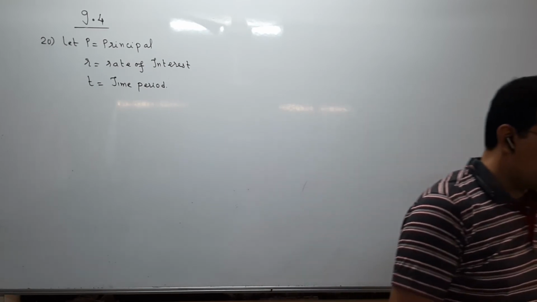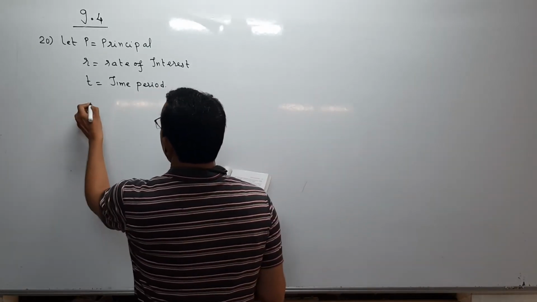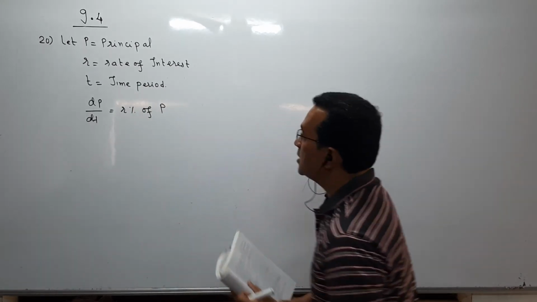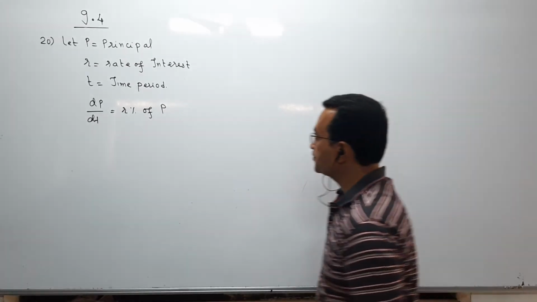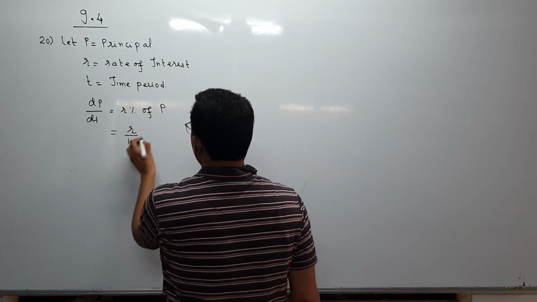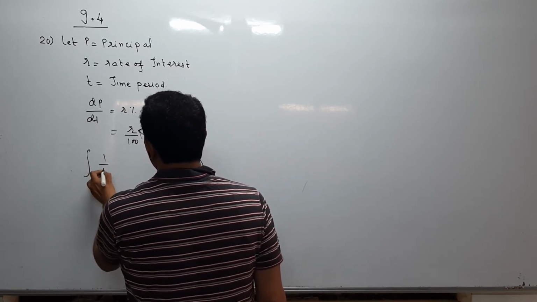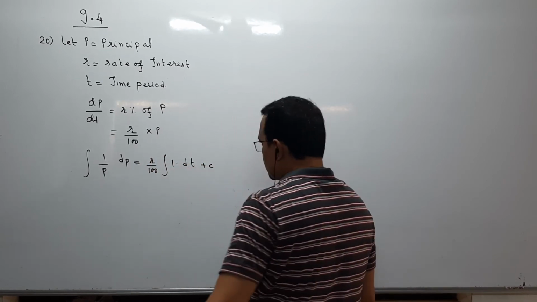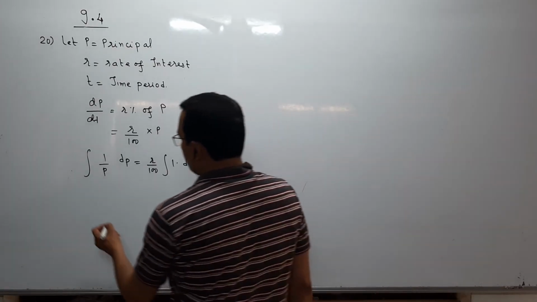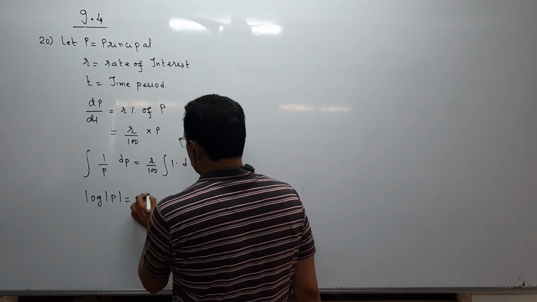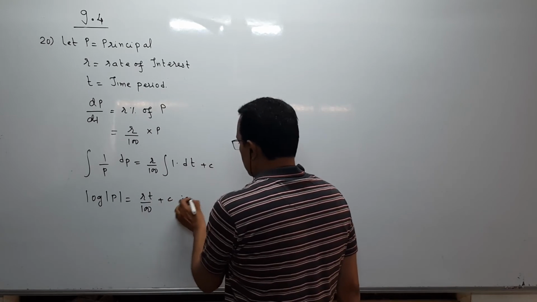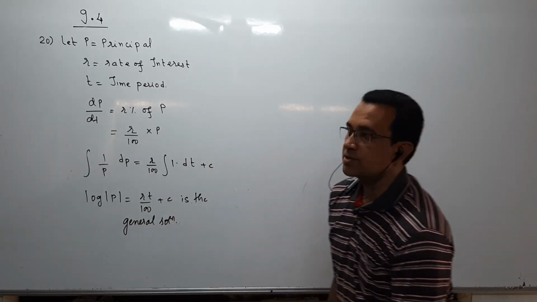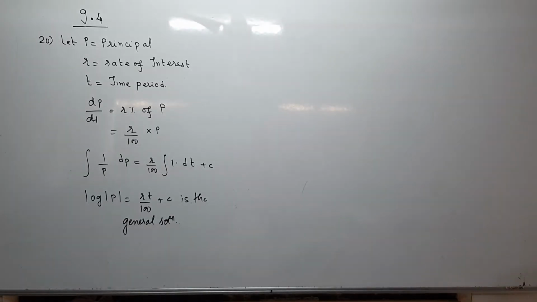In a bank, the rate of increase of principal, dP by dt, is continuously R% of P. R% per year means the rate of increase of principal is R by 100 into P. Now I am taking variable separable form and writing this as R by 100 integration dt plus C. So integration of this will be log mod P is equal to RT by 100 plus C, which is the general solution, students. This is the basic general solution.